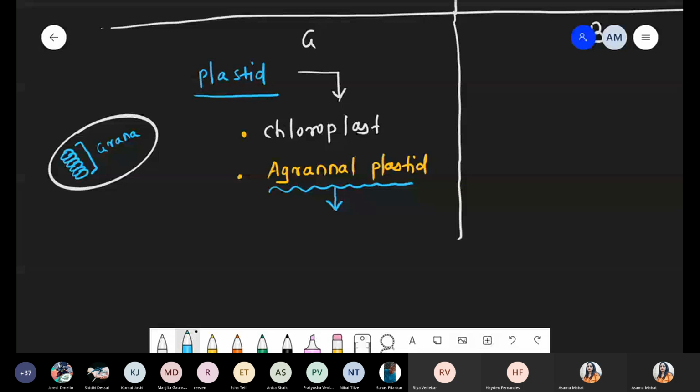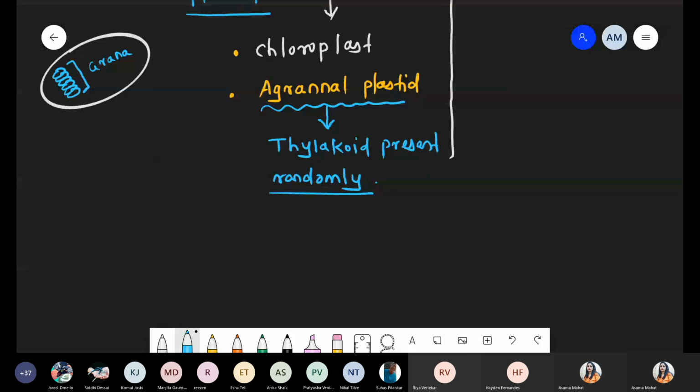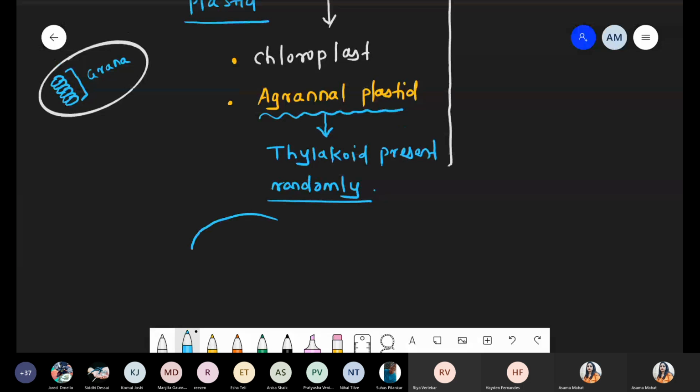So whatever typical structure is present in the chloroplast, that is thylakoid, and here thylakoid is present randomly. It is not present in a specific manner. What is the meaning of randomly? Suppose this is the structure of the chloroplast.